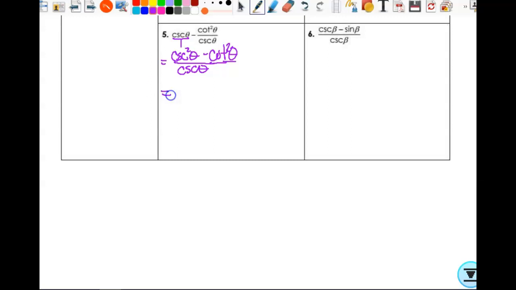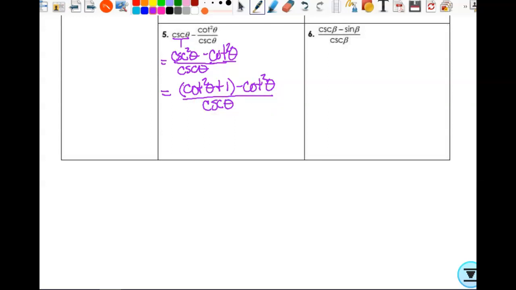So in the numerator, I can say cosecant squared is cotangent squared plus 1 with my parentheses, cotangent squared theta plus 1 minus cotangent squared theta all over cosecant theta.